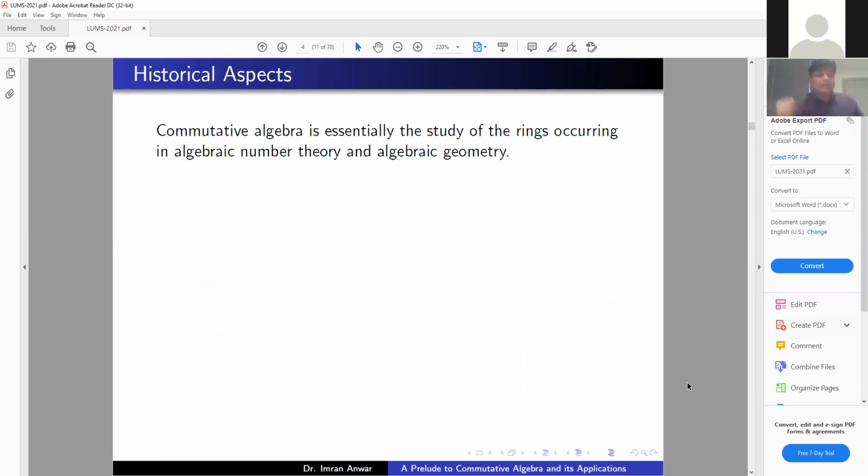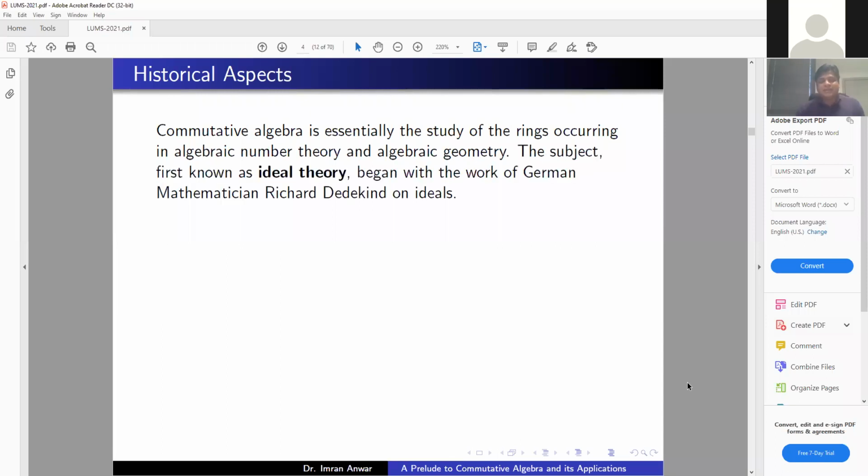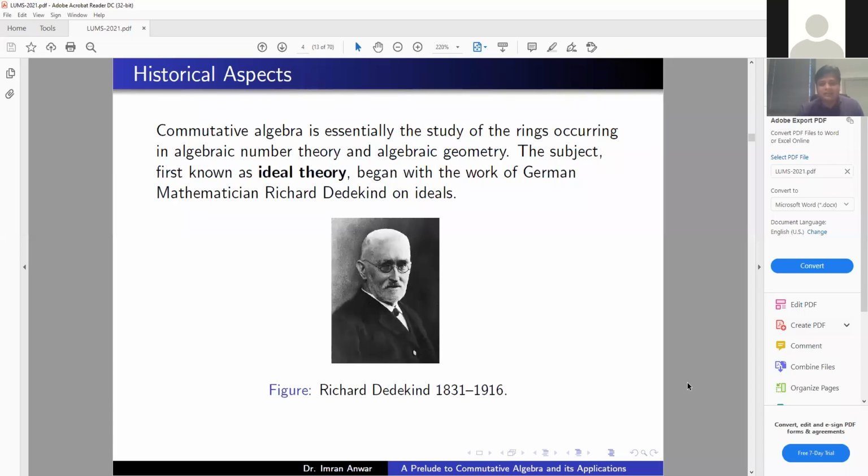Now, regarding commutative algebra, it is essentially the study of rings. You might have seen the definition of rings in your first year coursework of algebra, and in algebraic number theory and algebraic geometry. The subject was initially known as ideal theory, and the initial name for the ring, the number ring, was coined by the German mathematician Richard Dedekind.